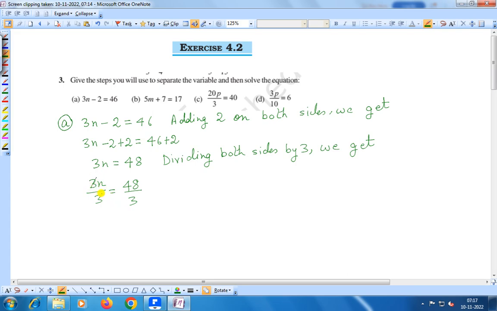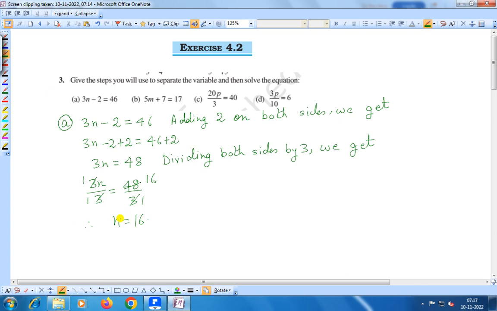This 3 will cancel: 3 1 3, and 3 6 is 18. Therefore n is equal to 16. Now question number B.